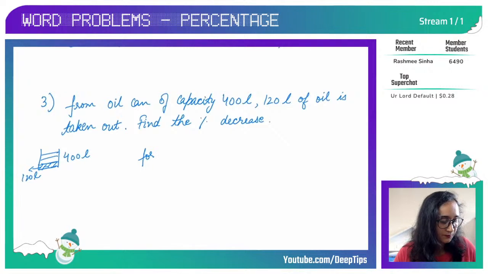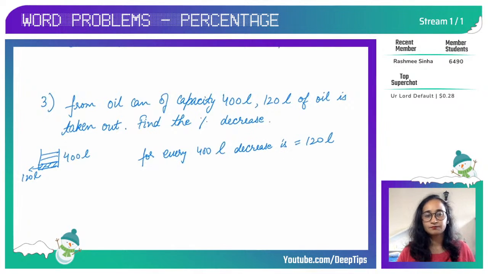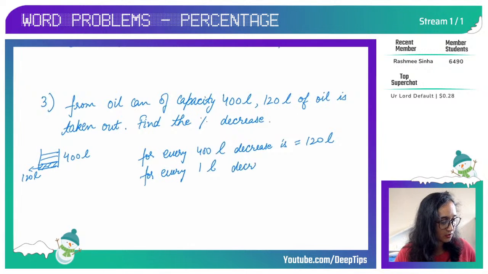For every 400 liters, decrease is 120 liters, correct? Because from 400 liters they have taken out 120 liters. Now if I have only 1 liter of oil in the can, I can write for every 1 liter of oil, decrease will be in fractions 120 upon 400, correct?